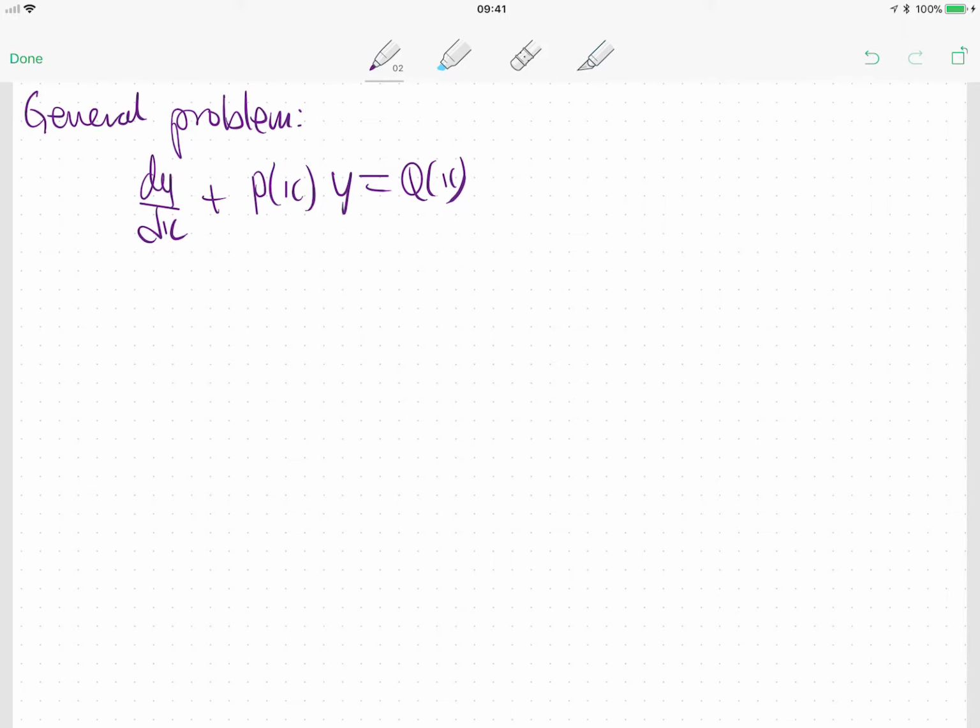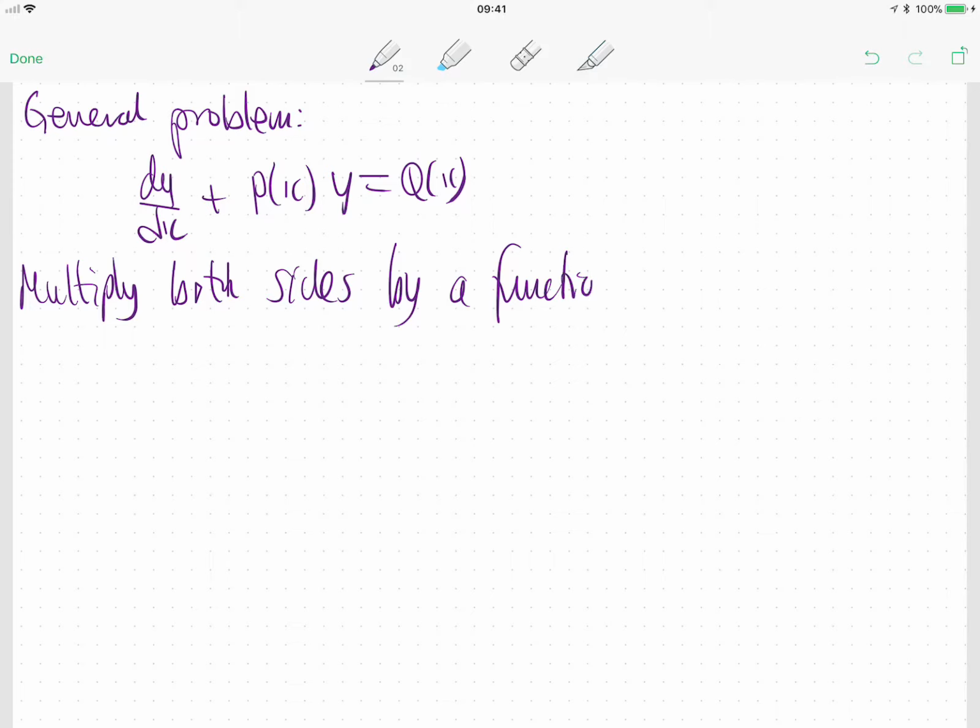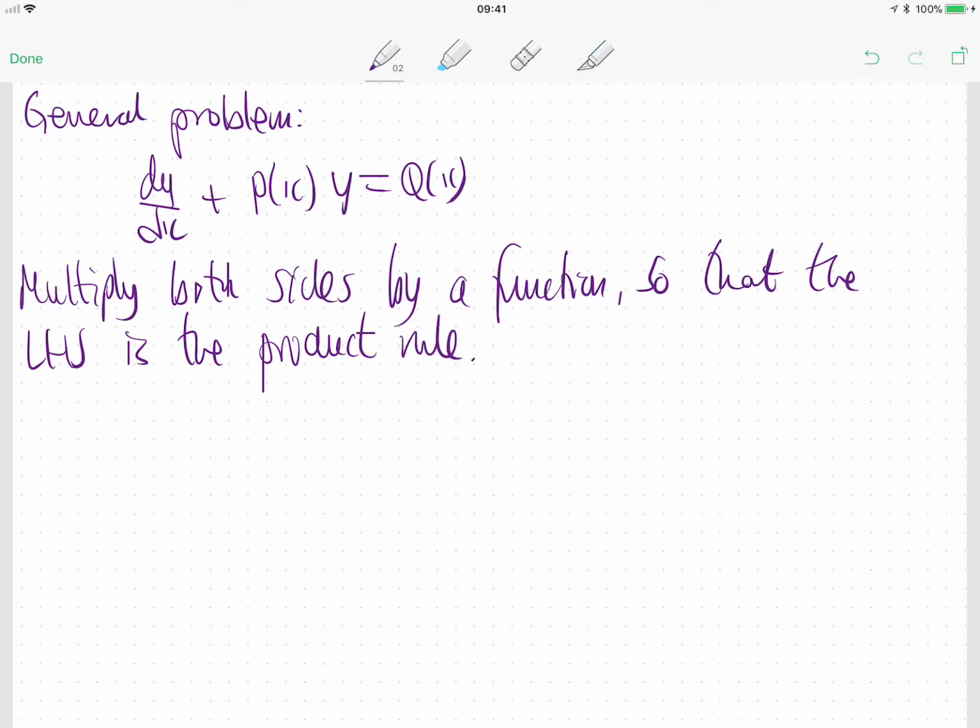And the way we're going to do that is we're going to multiply both sides by some function, so that the left hand side has the pattern of the product rule. So the left hand side is essentially the product rule for two different functions.